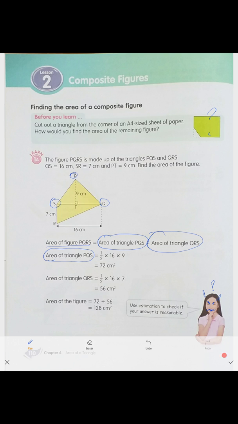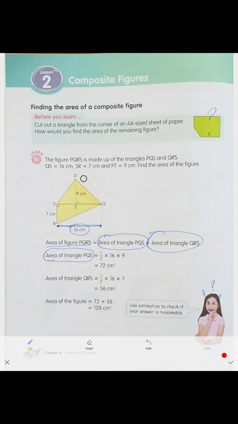We know the base, QS is the base, it is 16, and we know the height, the perpendicular line, 9. And this is what they do: half of the product of the two factors, 16 and 9, 72 square centimeters.